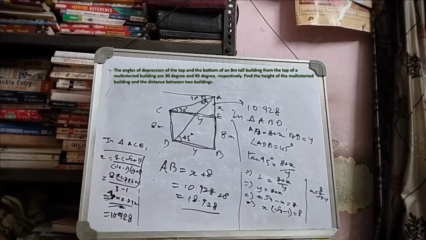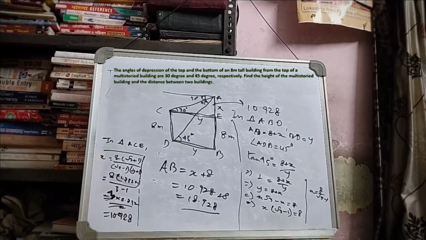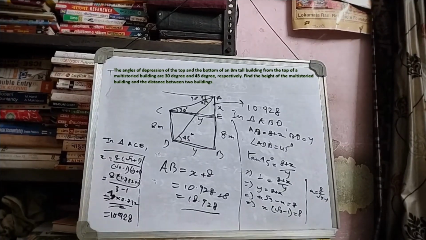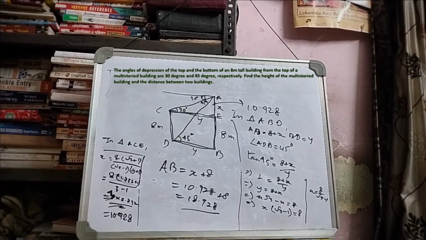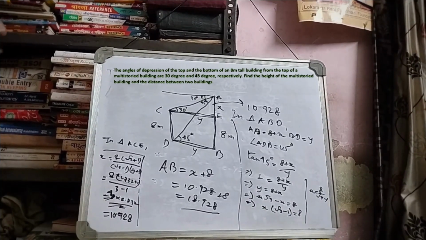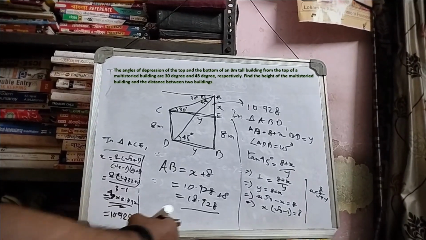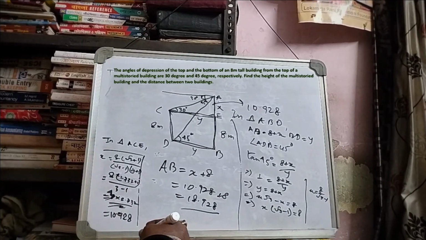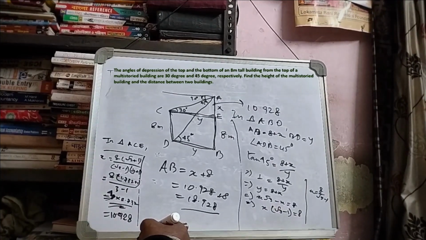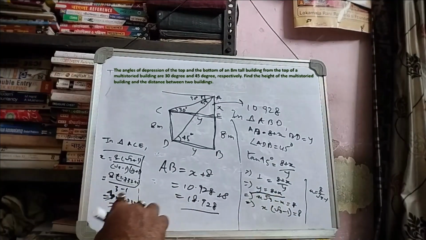Now, the distance between two buildings is y.